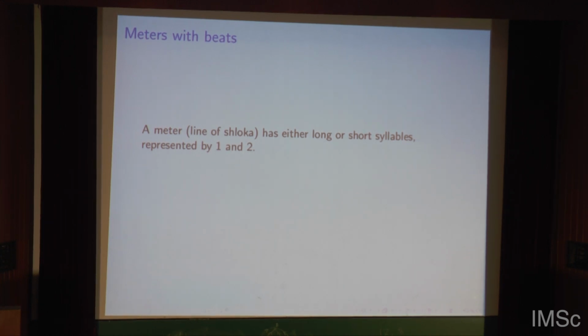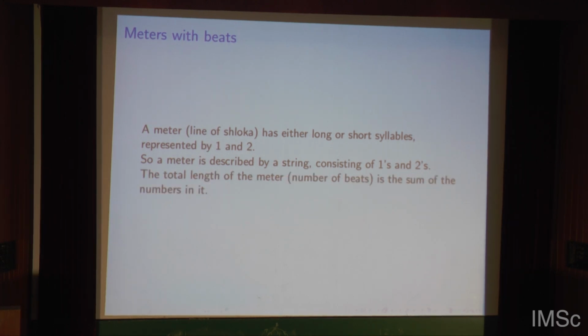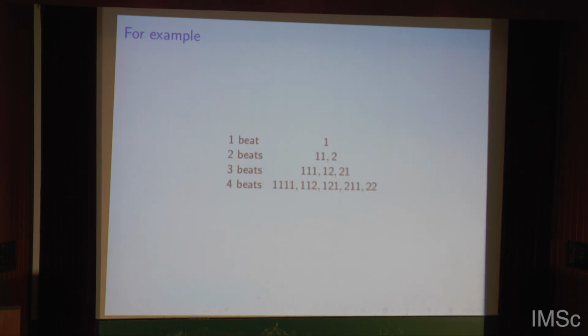And one way of counting these beats is to say that each short letter is 1, but each long letter is 2. And so you can think of a meter as just a string of 1s and 2s. How many short vowels and how many long vowels? Ignore the consonants. Then the total number of beats is just the sum of the numbers in it.